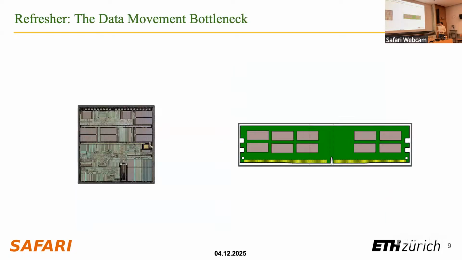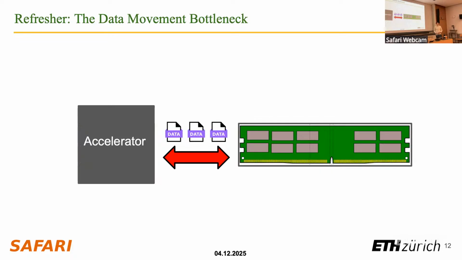Okay, so let's give a quick refresher on why we are interested in processing using DRAM. On modern computing systems, you have your memory, right? And you have some kind of processor. This could be whatever. You want to move data from your memory to your processor, right? And as I said, this processor could be anything that is related to processing. It could be a CPU, some accelerator, maybe even an FPGA.